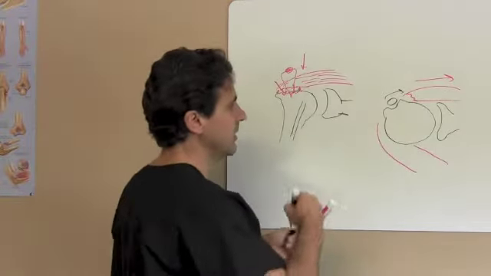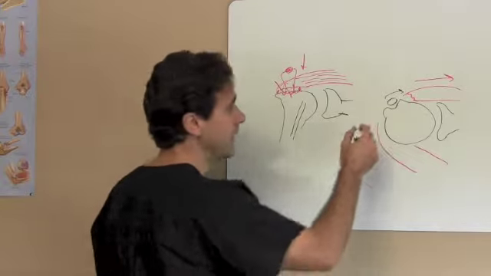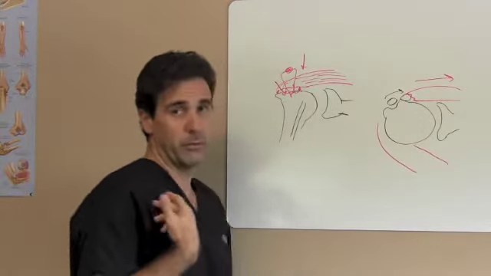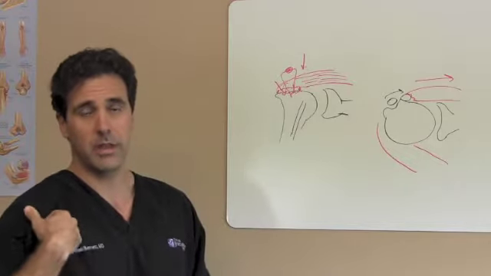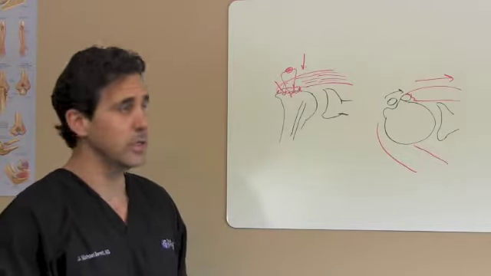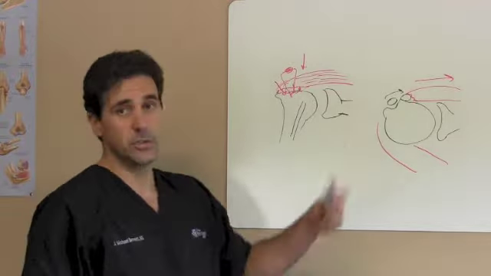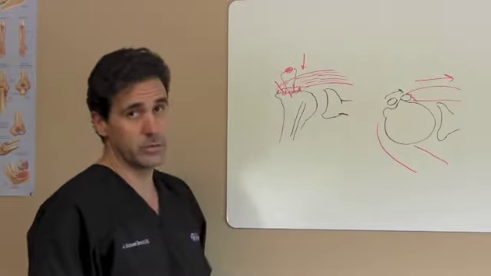And actually that biceps that's supposed to be in the groove right here is now over here, and that becomes a problem. It can be very painful. There could be a lot of popping and clicking in the front of the shoulder joint, and this is considered an unstable biceps. And that needs to be addressed as well with surgery.